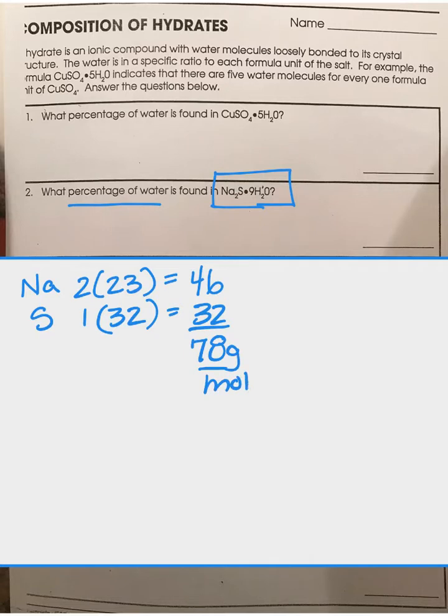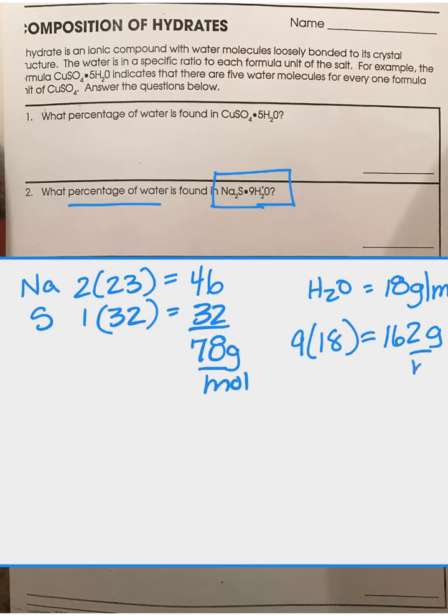Now we know that water has a gram formula mass of 18 grams per mole. If you don't know where I got that from, look at the beginning of this video where I calculated 2 H's at 1 apiece and 1 oxygen at 16. But there's 9 of them. So 9 times 18 gives us the mass of the water, and that happens to be 162 grams per mole.